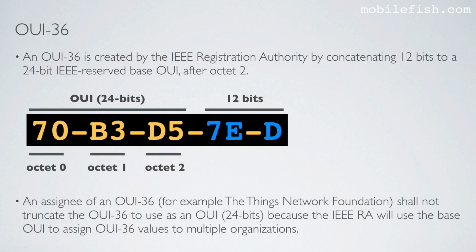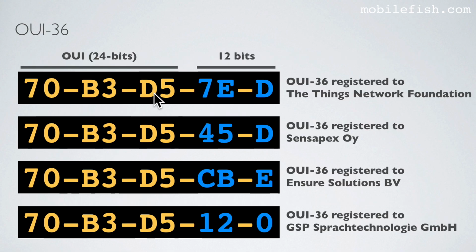An assignee of an OUI-36, for example The Things Network Foundation, shall not truncate the OUI-36 to use as an OUI, because the IEEE Registration Authority will use the base OUI, this base OUI, to assign OUI-36 values to multiple organizations. So this OUI-36 is registered to The Things Network Foundation.